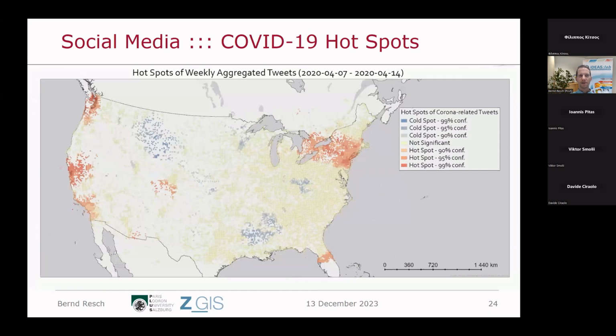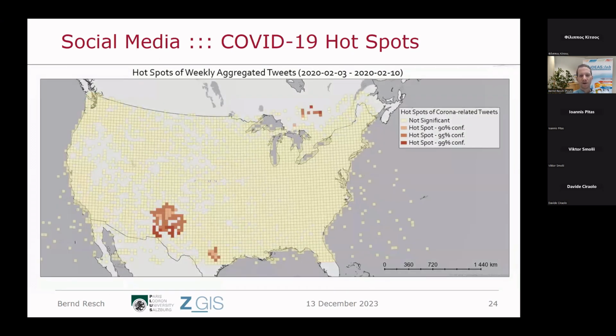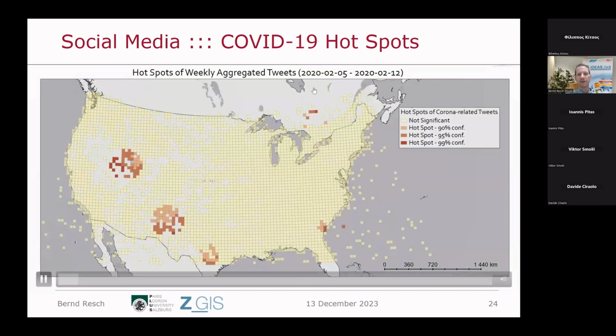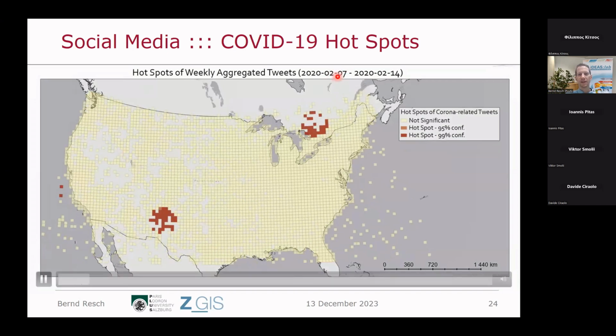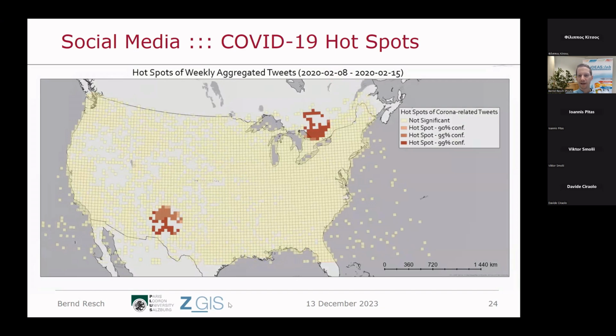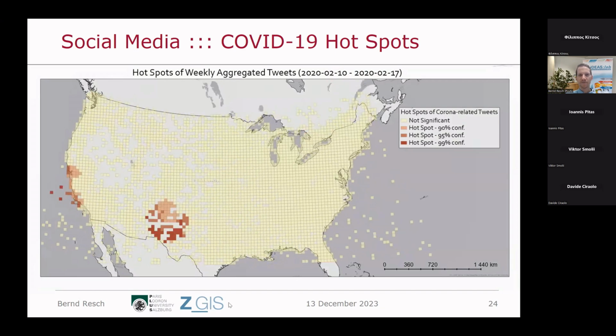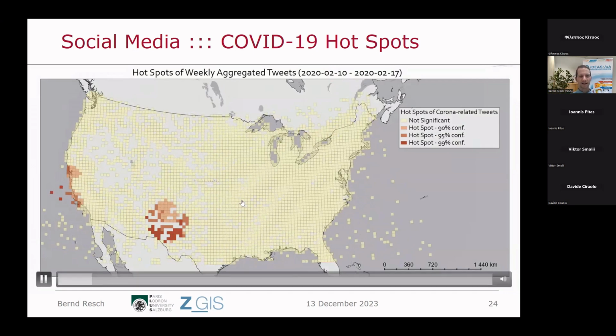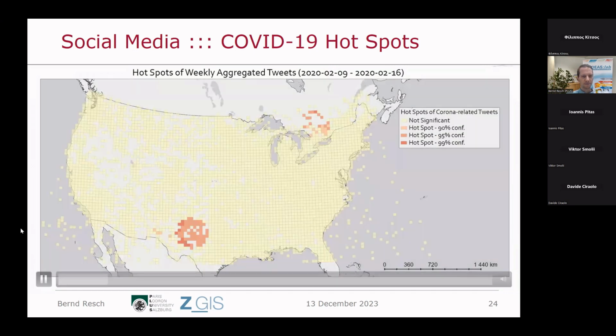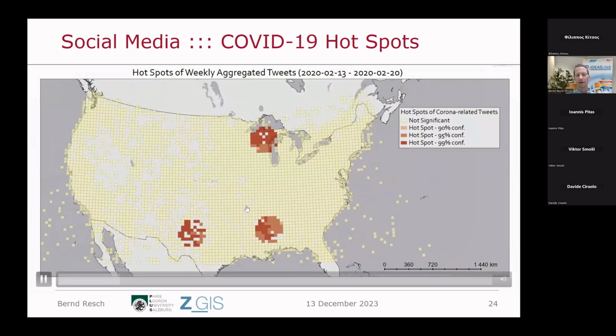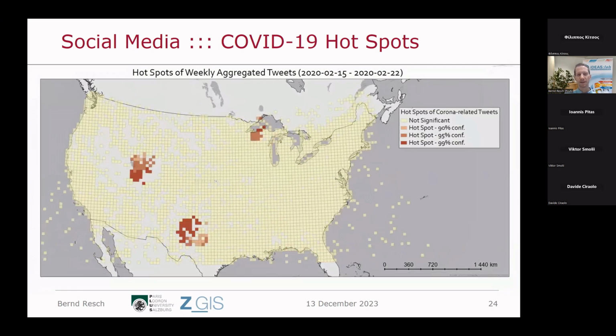Good. This was a temporal view. That's a spatial temporal view, a spatial view again. Good. So you see that here in the beginning of 2020, not much happened yet. In yellow, basically what you see is very, let's say, non-significant areas, meaning we're not sure what happens there, but basically it's probably nothing.